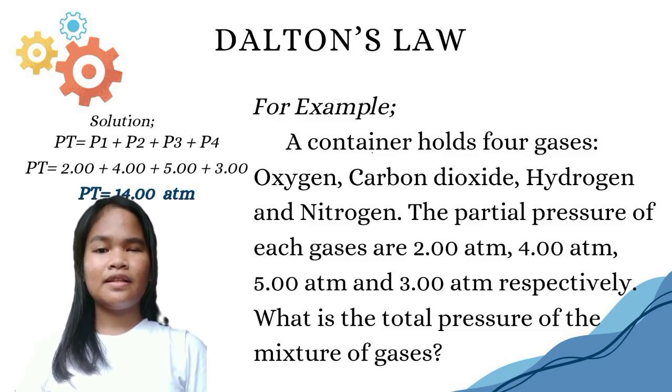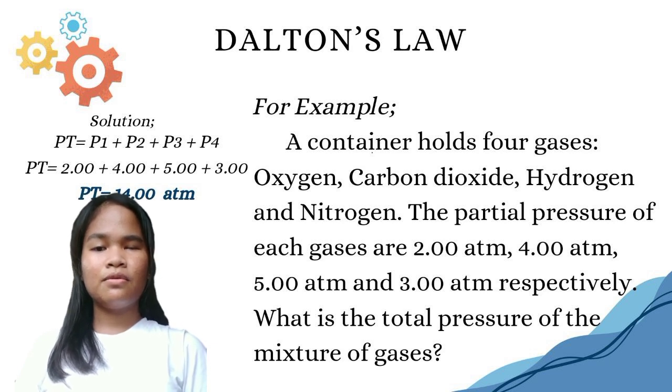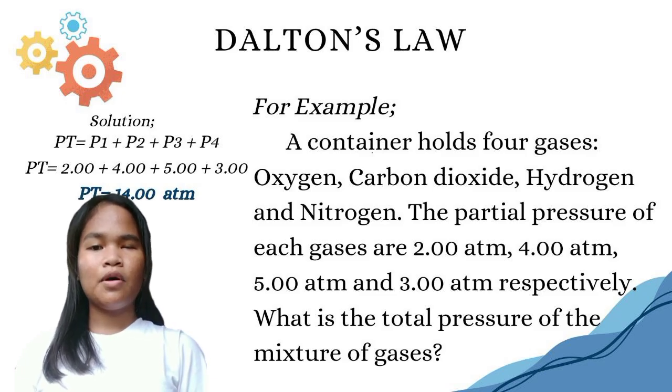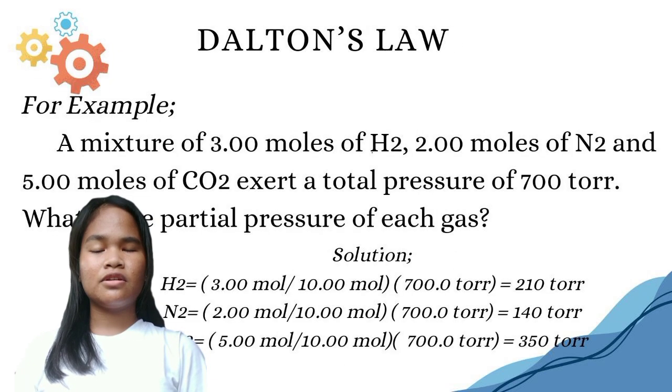We need to add up the partial pressures of each gas, which is 2 atm, 4 atm, 5 atm, and 3 atm, so we conclude 14 atm, which is the total pressure.